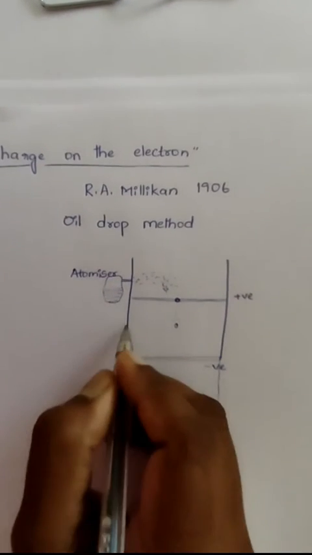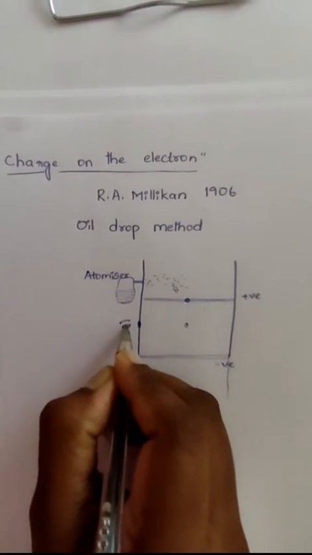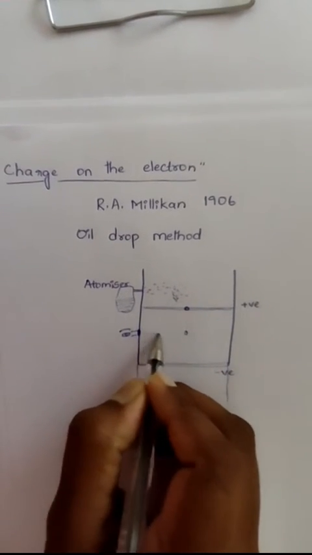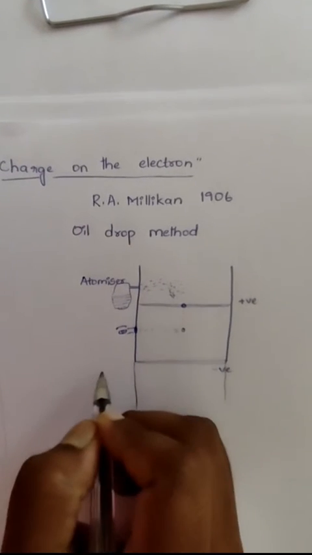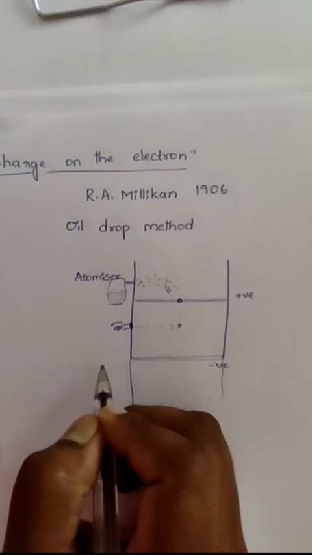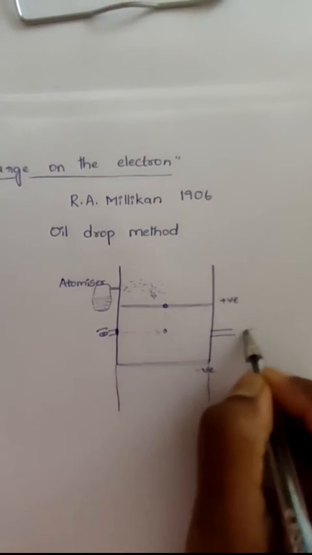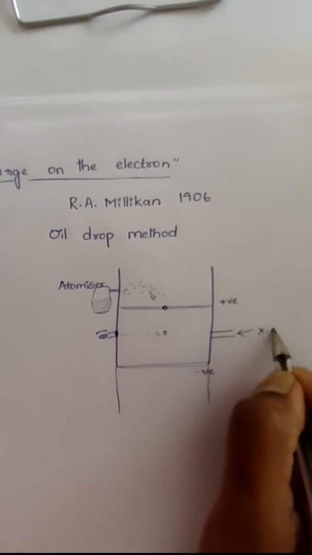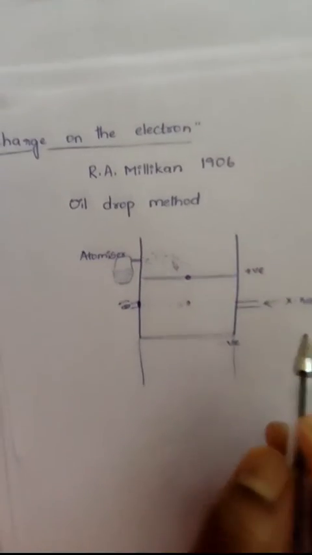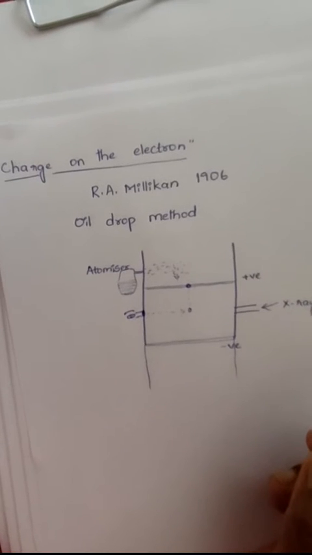It also contains a telescope through which we can view the oil droplet, and it is also connected to a source of X-ray. This is a simple diagram of this oil drop method.